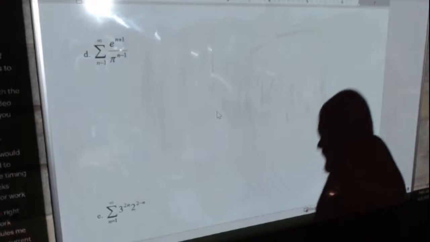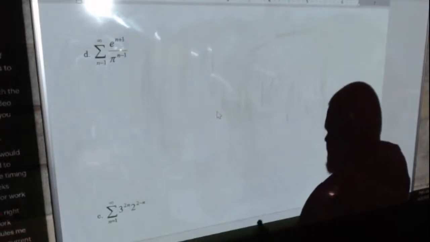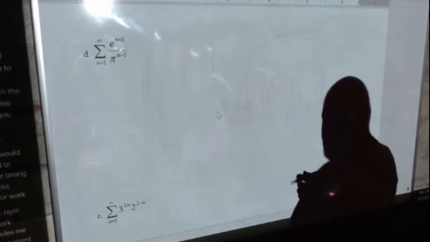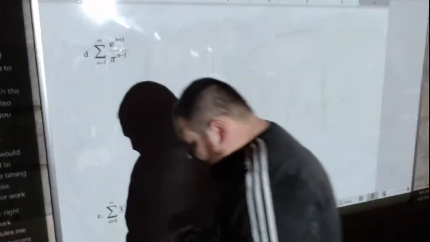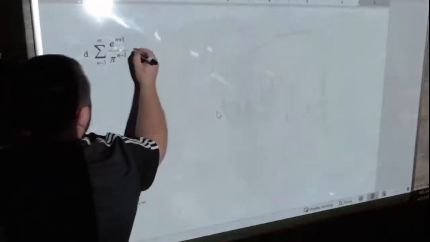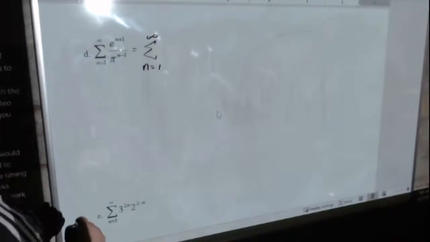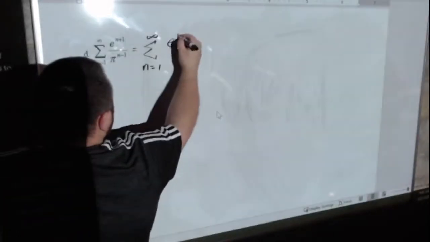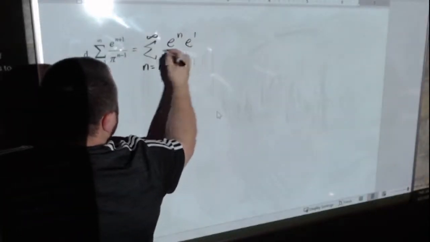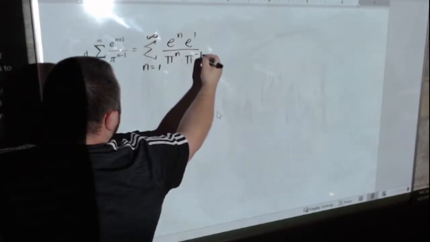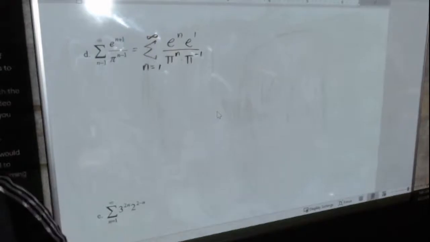So here's one that's similar. 1 to the n plus 1, 1 to the n minus 1. So I can rewrite this. Okay. So that's e to the n times e to the first. And this is pi to the n times pi to the minus 1.